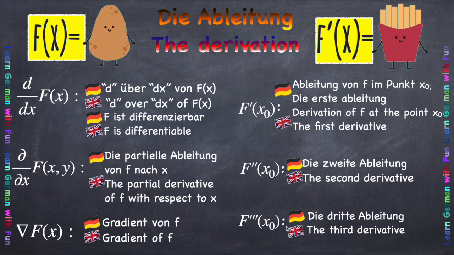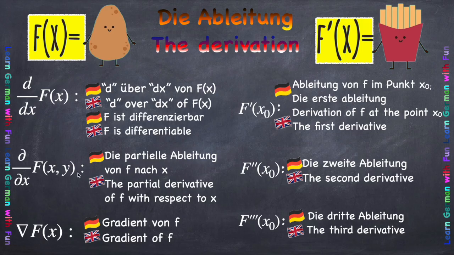This slide deals with the derivation, or in German, die Ableitung. Here you can see a typical form of the derivation. One reads in German d über dx von f von x. In English, d over dx of f of x. One can say f is differenzierbar, or in English, f is differentiable.